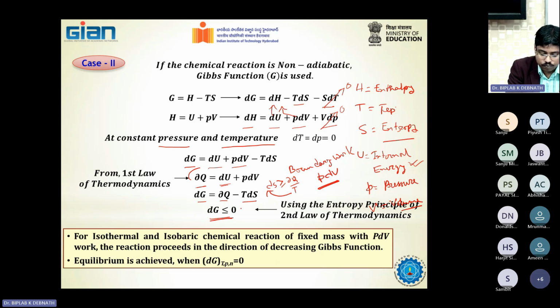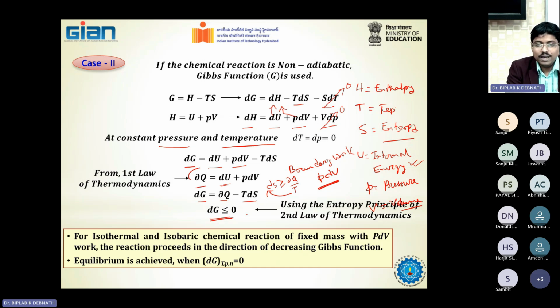So it tells that for an isothermal isobaric chemical reaction of fixed mass with PdV work, the reaction proceeds in the direction of decreasing Gibbs function. So dG is either less than 0 or dG equal to 0.